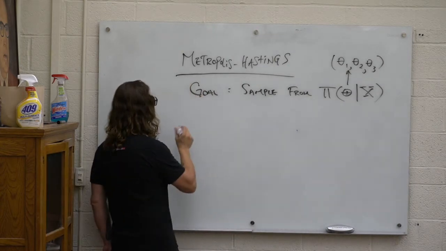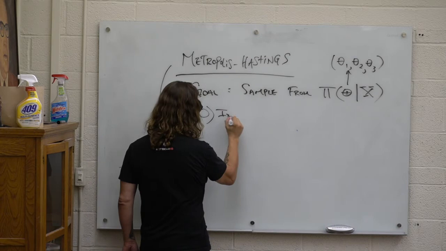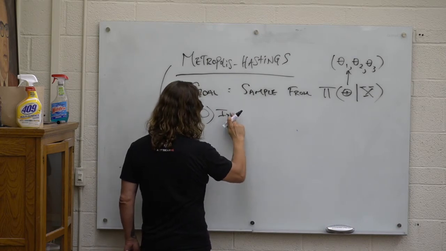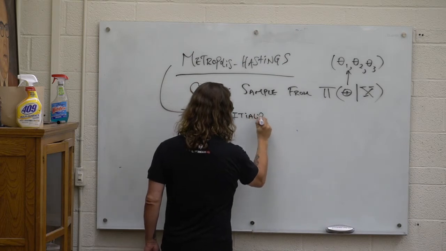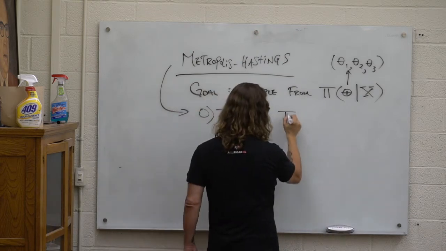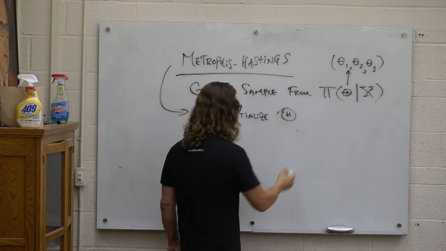So this is Metropolis-Hastings. So step 0, initialize. I'm just going to write it down as a block. This is going to be everything.